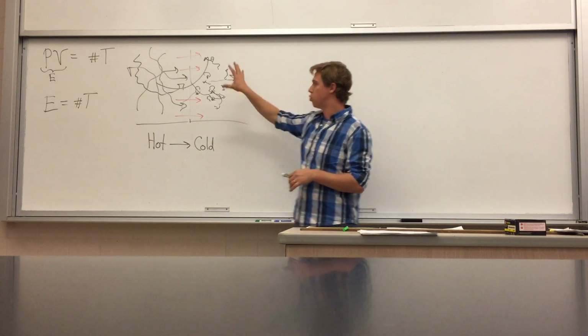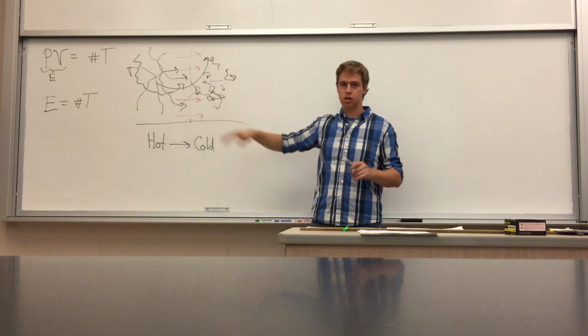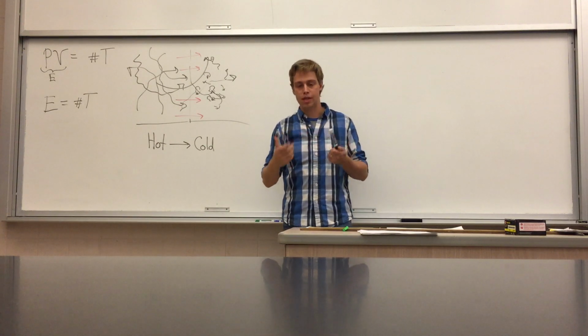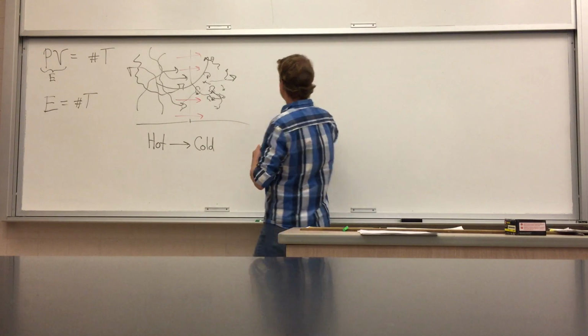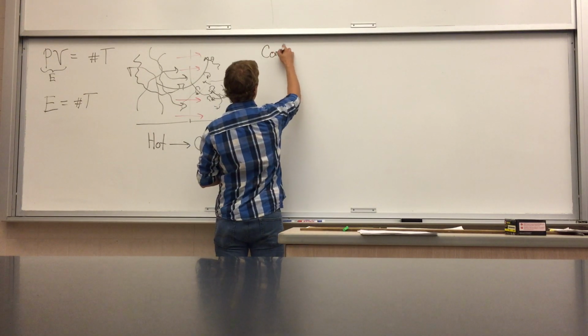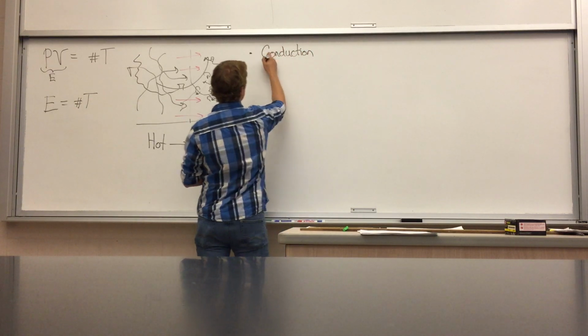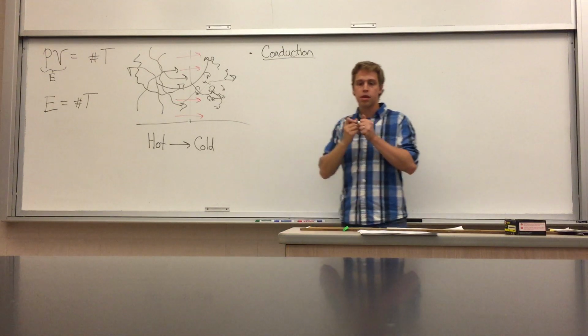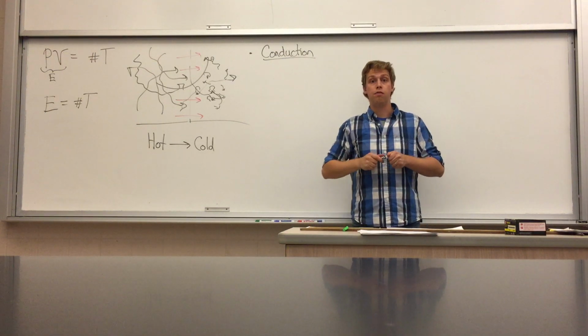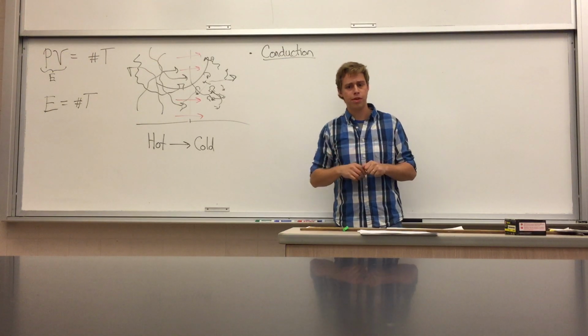So I want to draw a really exact picture of each one and try to show you what's happening. So first, we have conduction. And the book doesn't give a very, very formal definition of conduction.